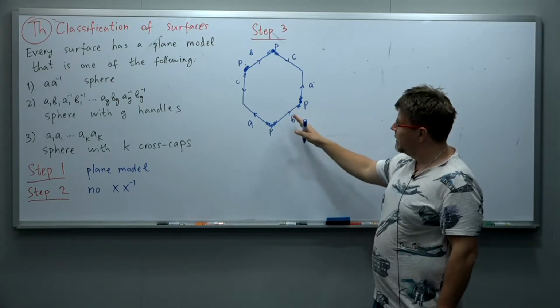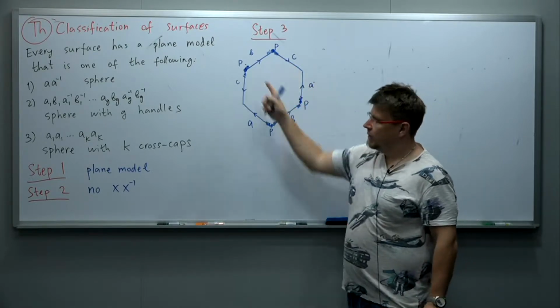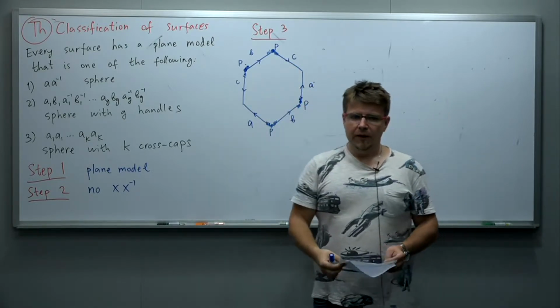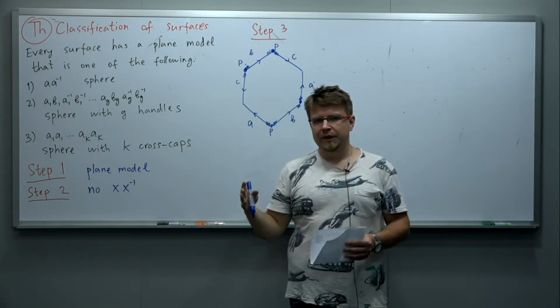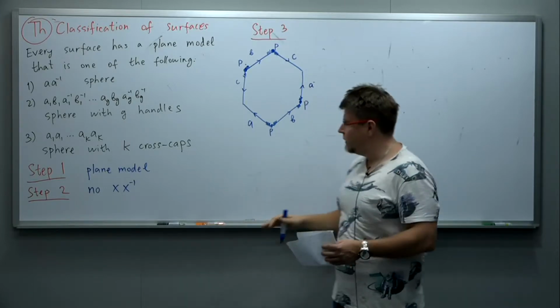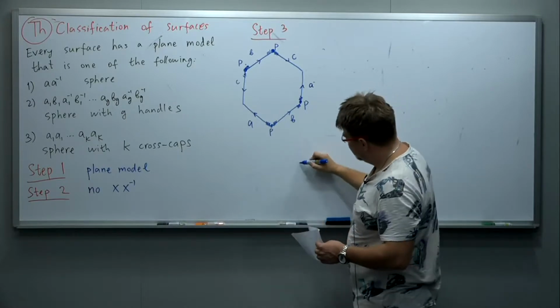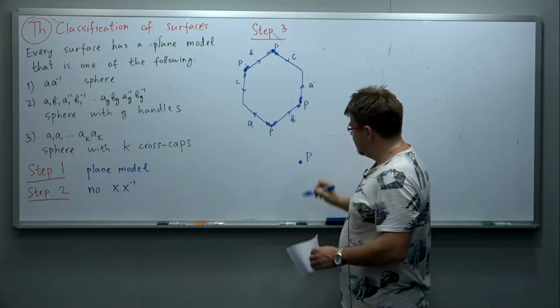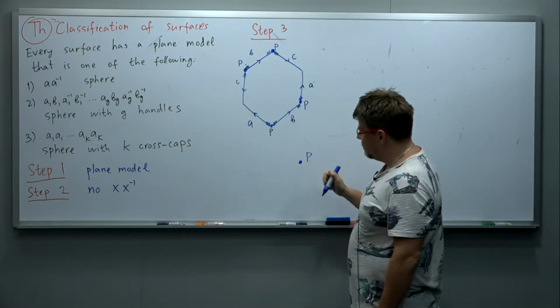So it means that all these 4 different vertices of the polygon represent the same point on the actual surface, and the neighborhood of this point on the surface looks like this.